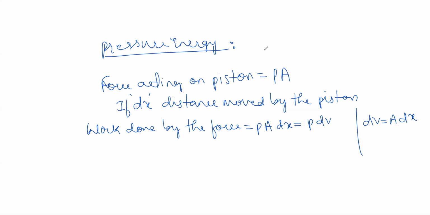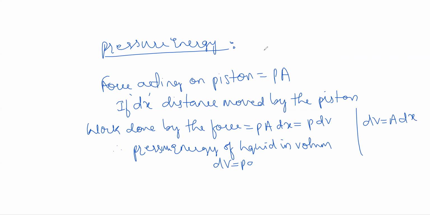This work done is equal to the pressure energy of the liquid. Therefore, the pressure energy of the liquid in volume dV is given by P into dV.